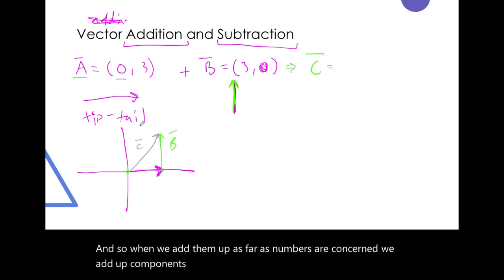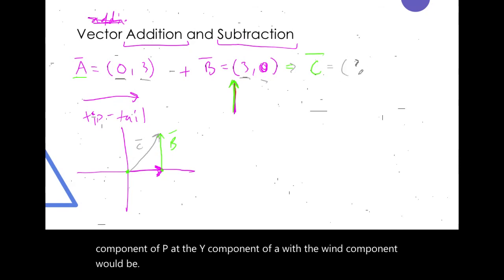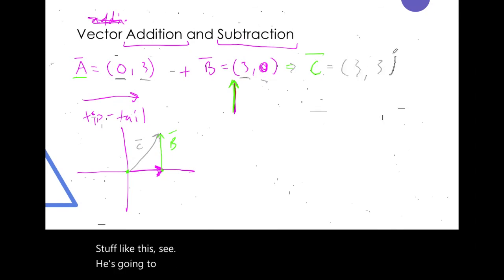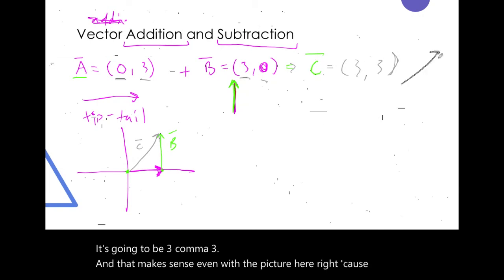We add the x component of A with the x component of B, and the y component of A with the y component of B. So vector C is going to be 3, 3. And that makes sense even with the picture here, because it basically makes this vector.